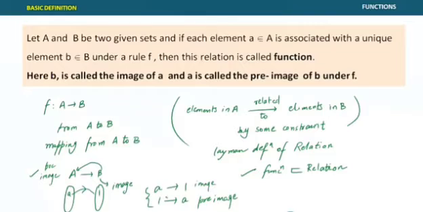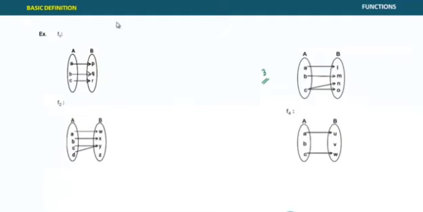Now let us see when this particular condition makes a relation a function. For a relation to become a function, there have to be two unique conditions. Let me write it down. For a function which goes from A to B, when does this become a function?